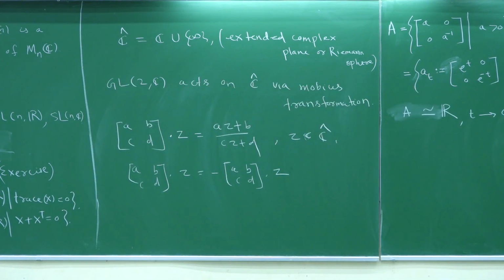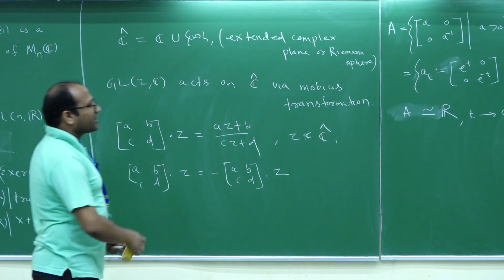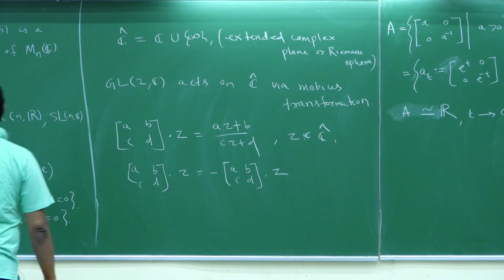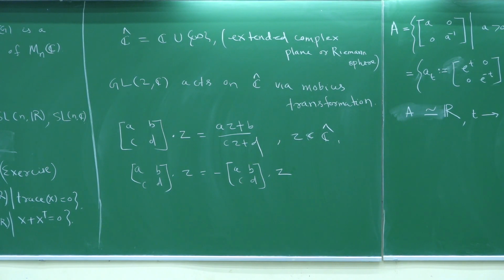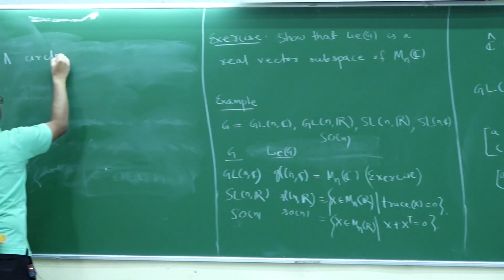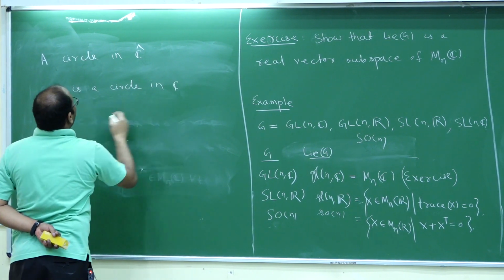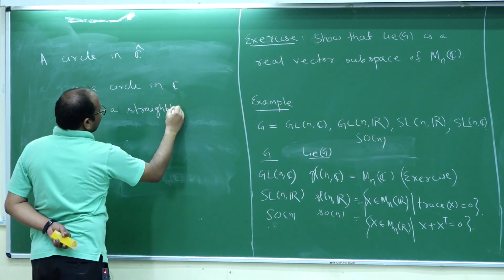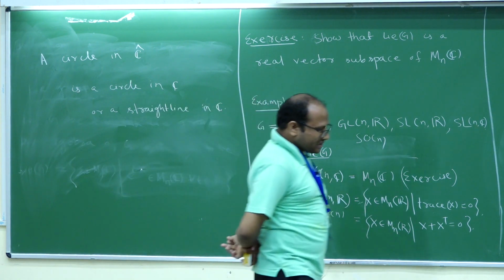And another thing is, you know that in complex analysis, you also consider a straight line also as a circle, right? That is a circle passing through infinity. So it's a circle in C hat, where circle in C or a straight line in C. And this straight line in C, usually people call that a circle passing through infinity.